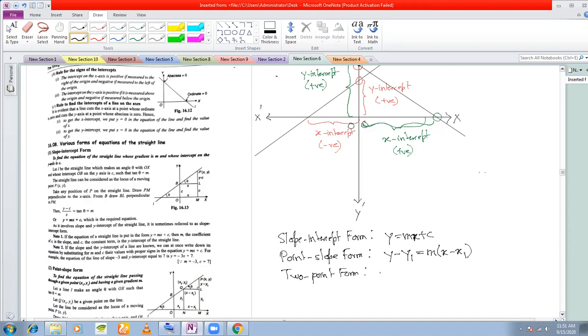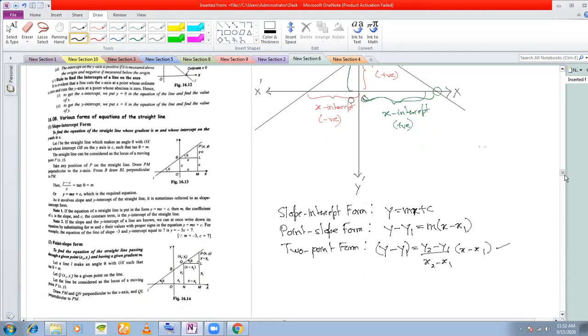This is all you have done in your class 10. y minus y1 is equal to (y2 minus y1) by (x2 minus x1) into (x minus x1). This is if you know any 2 points on the straight line, then you can find out the equation of the straight line with the help of the 2-point form. So these 3 you have already done in your class 10.